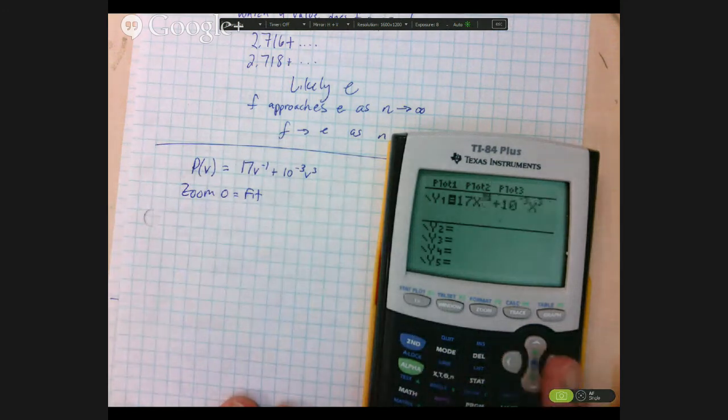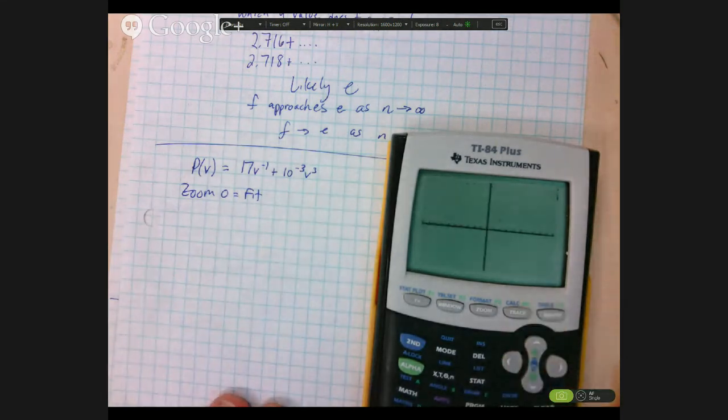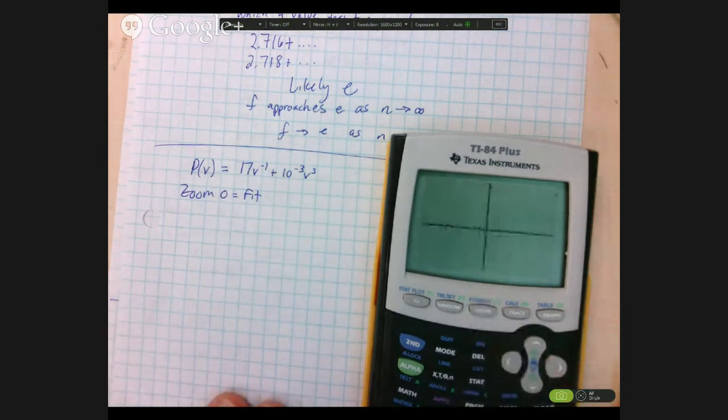I didn't put my X in there. Now let's try it. What is it supposed to look like? Okay, it's supposed to look like what mine is. Oh my gosh. Okay, I got it.